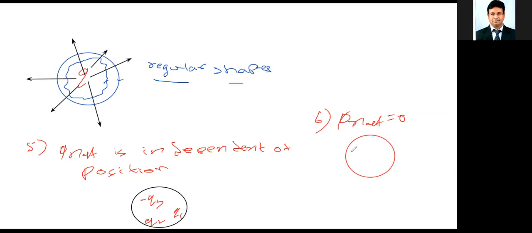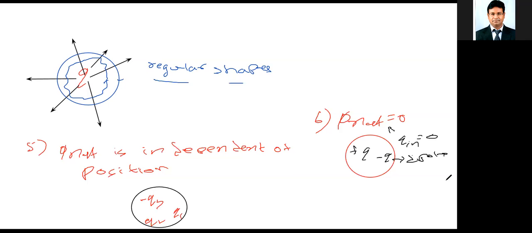If you have a positive charge and a negative charge, then Q inside will simply be equal to 0, and flux also will be equal to 0. So you cannot say that there is no charge inside. You can only say that it may consist of equal and opposite charges, or it may even consist of dipoles. If dipoles are present in a given surface, then the net flux in the surface is always 0. So keep that point in mind.